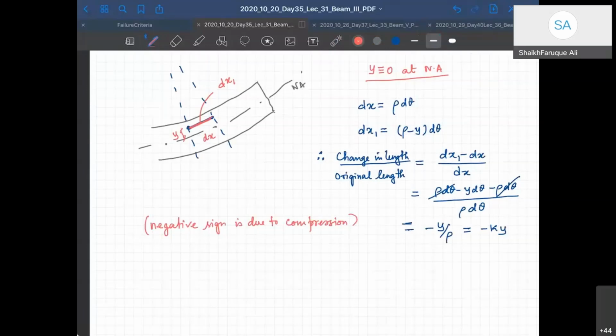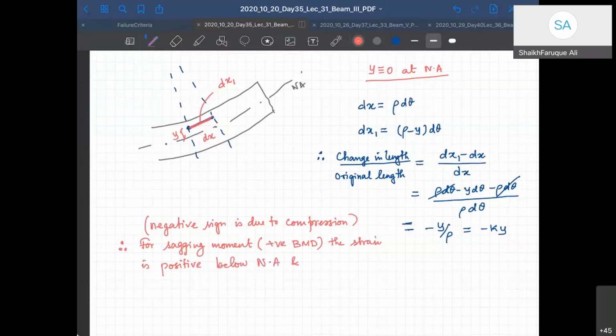Therefore, for sagging or positive moment, the strain is positive below the neutral axis and negative above the axis.